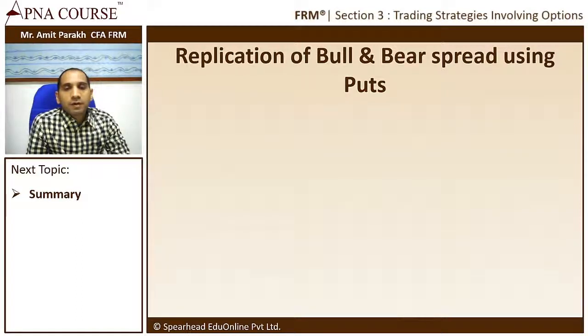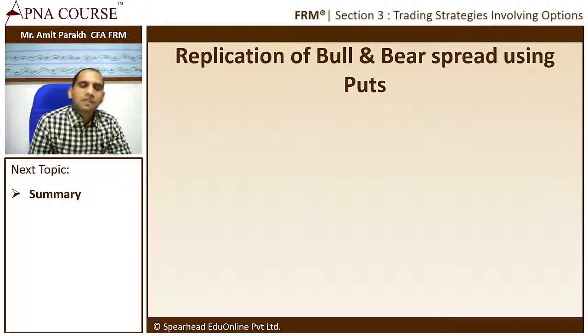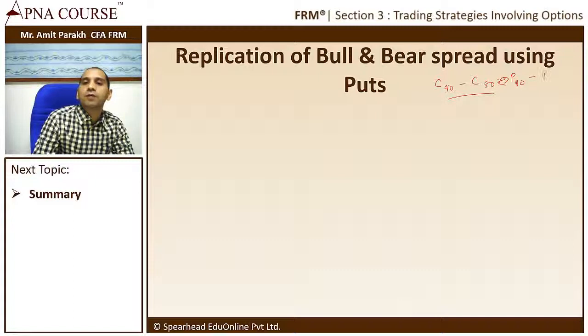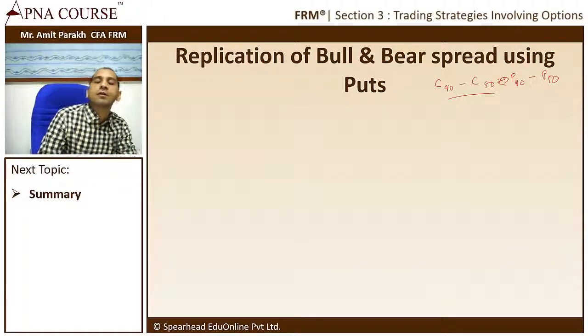So how do I replicate a bull and a bear spread using puts? Yes, I can. Let's take our example, and I believe this is what I was trying to discuss in the previous slide. To a limited extent, I started off with that. You would say I could create a bull spread by going long call 40, going short call 50, or by going long 40 put and going short 50 put.